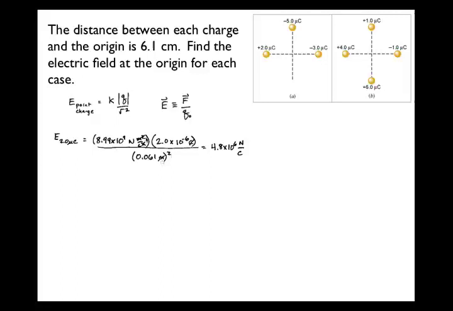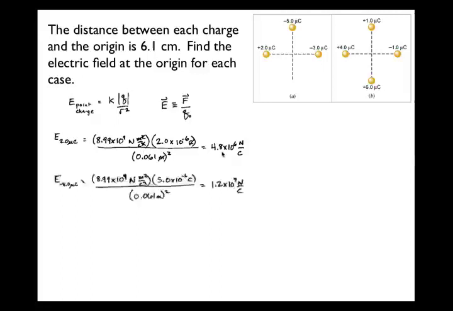And I just cancel out units here. Meters squared is going to cancel with meters squared down here. One of these coulombs is going to cancel one of the coulombs in the denominator, and my answer is going to be left with units of newtons over coulombs. And the magnitude of the answer is 4.8 times 10 to the 6th newtons per coulomb.